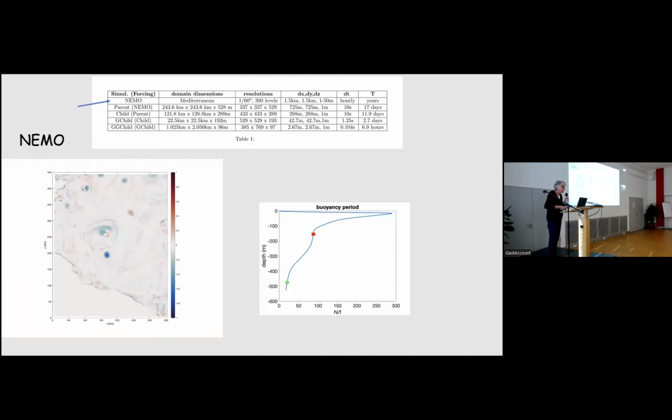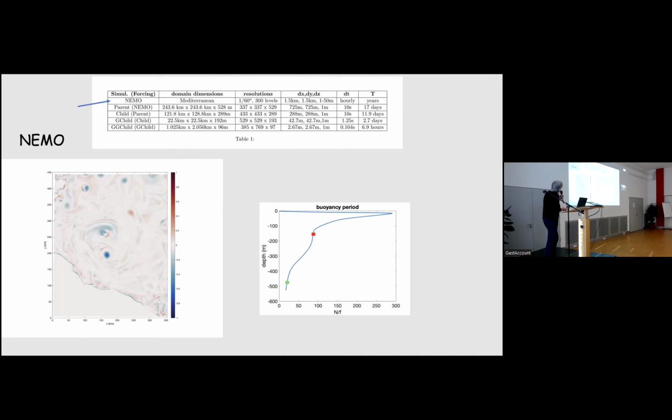So we did 4 levels of nesting. Here's the NEMO data set. You see that we've got a big anticyclone here, a smaller eddy over here, lots of things.